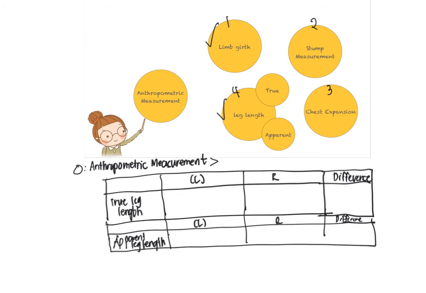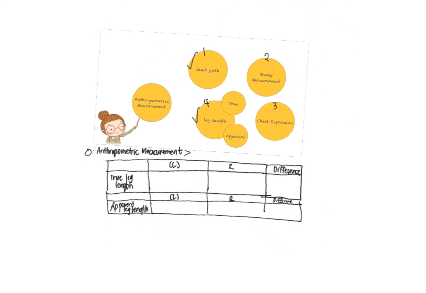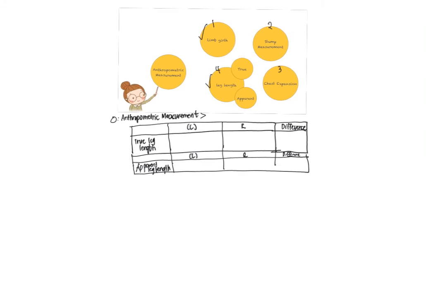How about for the limb girth? Okay, for the limb girth, under O, you could write here anthropometric measurement, you have leg length, because another entry is for limb girth. Limb girth of, let's say, right upper extremity.